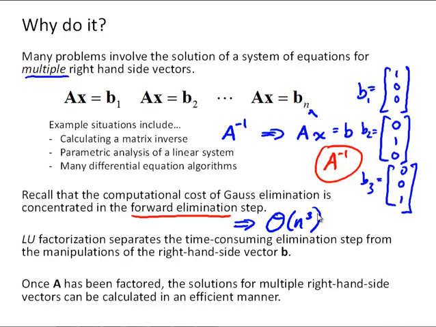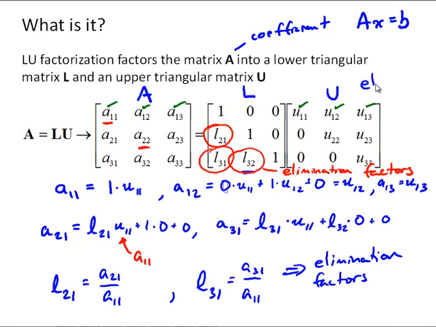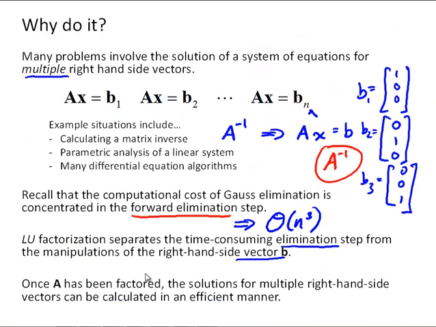What LU factorization does for us is it separates the time-consuming elimination step from the manipulations of the right-hand side vector B. So once we factor A, and as we saw, that is an elimination operation, that factorization is going to be order n cubed operations, but we only have to do it once.